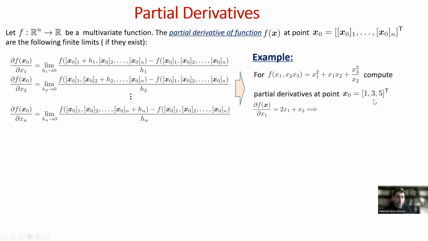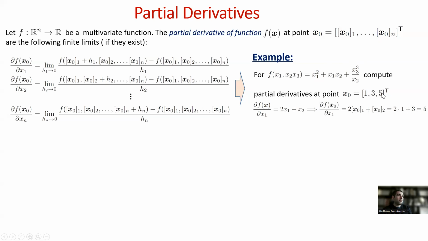And because you want to compute it at the point (1, 3, 5), you take 2 multiplied by x1, which is 1, plus x2, which is 3, so 2 plus 3, and that gives you 5. That is the value of the partial derivative of this function, x1 squared plus x1 multiplied by x2 plus x3 cubed divided by x2, at the point (1, 3, 5).